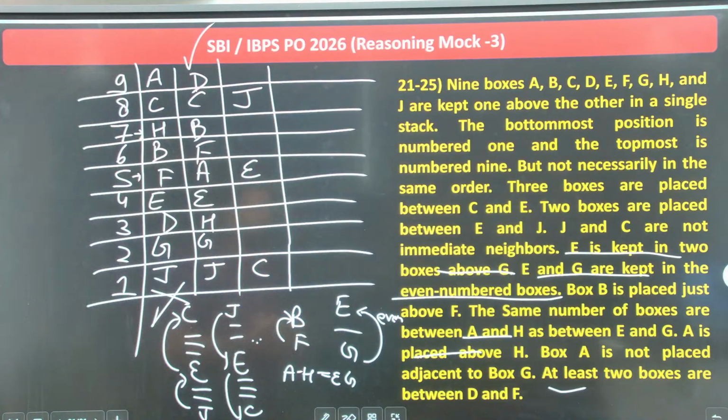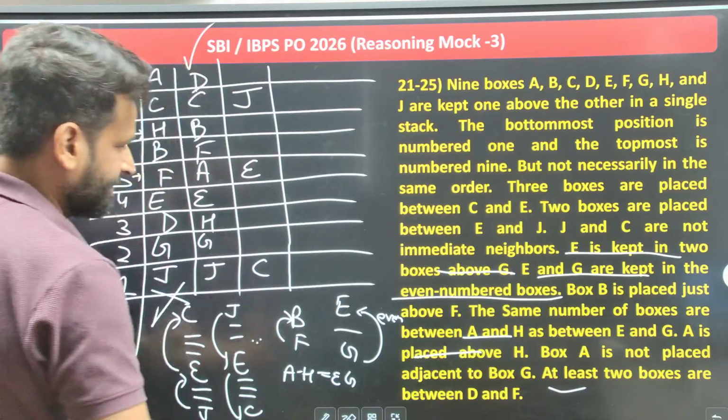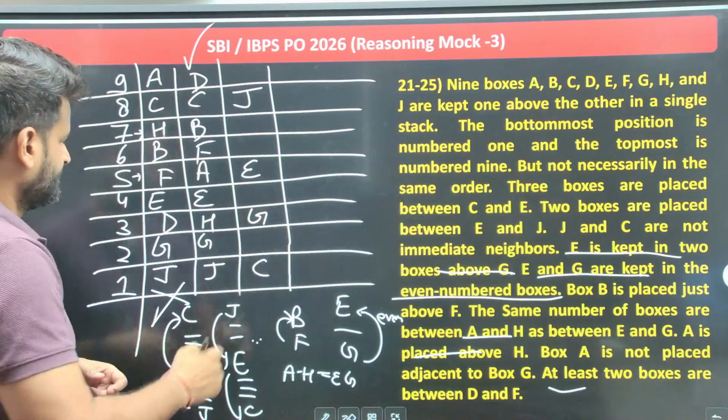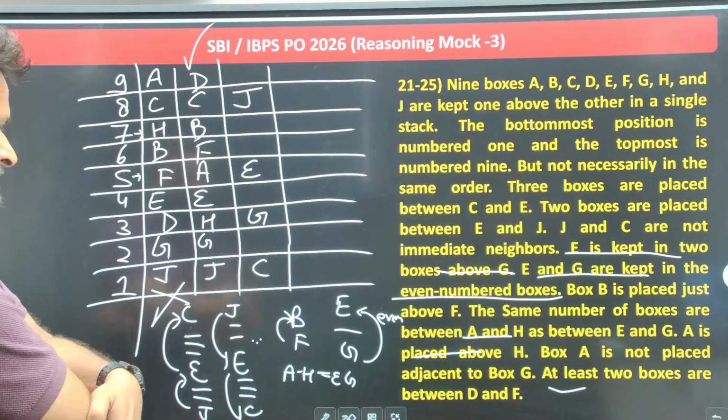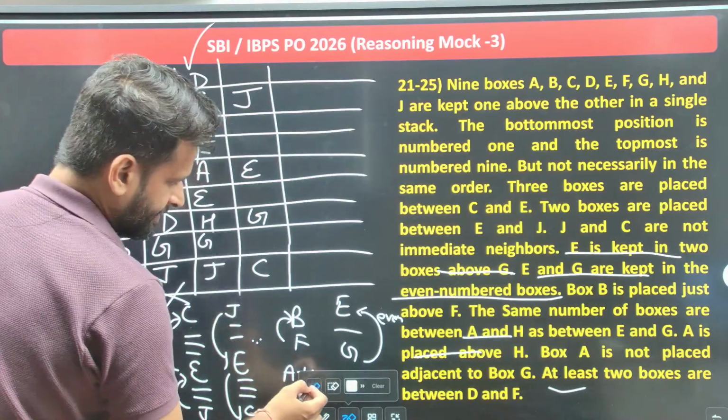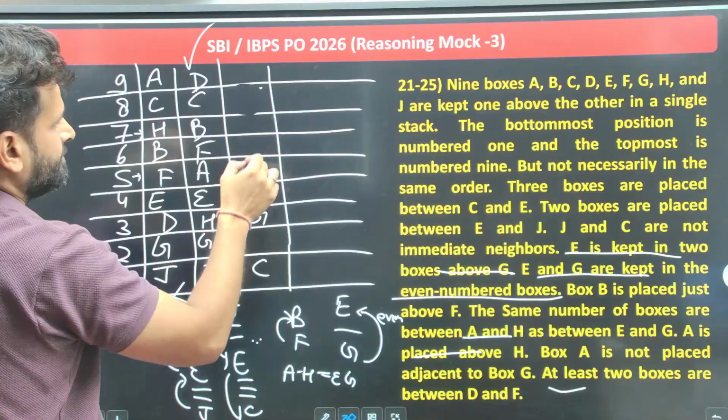Okay. What was the next condition that we have placed? Again, the number of boxes between: this is E, then leaving one, this is G. J, E and G. Wrong. Wait. This is not.